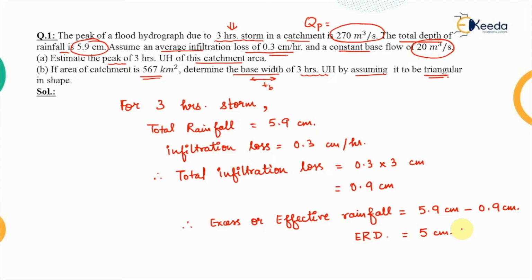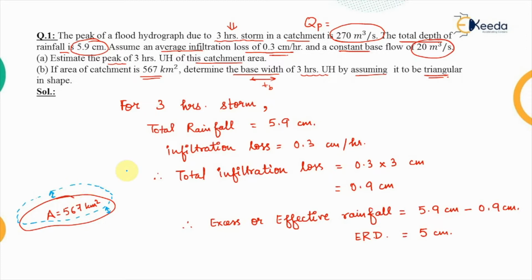Now we have got the effective rainfall depth for the 3 hour storm. That means if this was the catchment area, and the area is already given, that is 567 square kilometer, then within this area the level of the water which has accumulated is equal to 5 centimeter in this 3 hour storm.